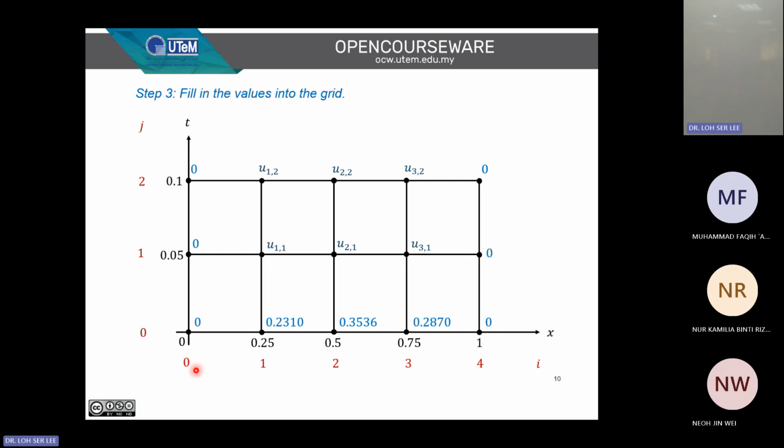This means you put the index of i and the index for j, starting from 0: 0, 1, 2, 3, 4 for i, and 0, 1, 2 for j. So, for example, for this point, we can name the point as U(0.25, 0), or another name is U10.